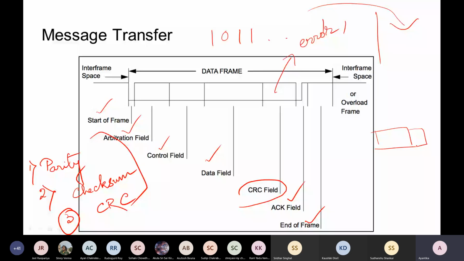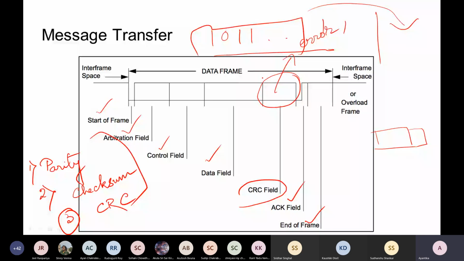Now what the receiver will do: on the receiving side, when the receiver receives this data frame, it will get some value like 1010 in the data, and it will also get this parity field.